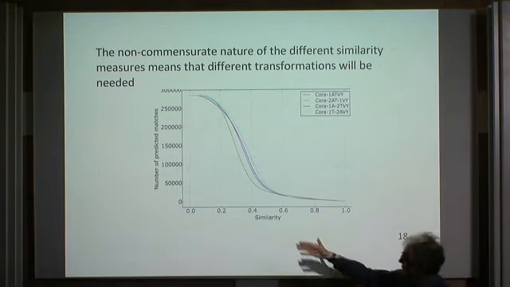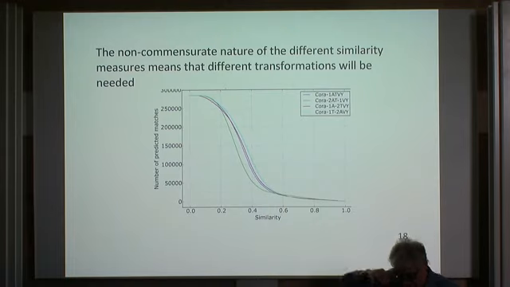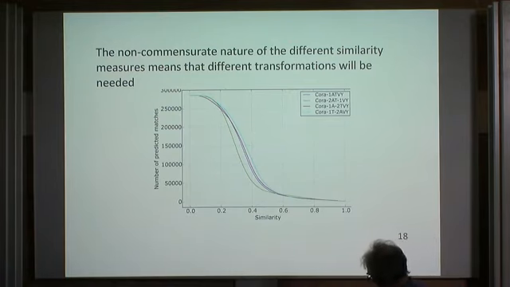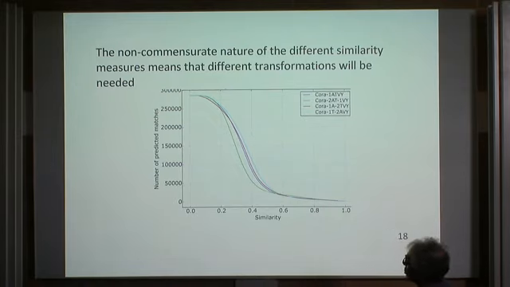Now, I just said that the similarity measures are different. They're non-commensurate. They've got different definitions. They're not related to each other. And this plot shows you the relationship between the number of predicted matches and the different similarity measures. And you can see, first, it's a nonlinear transformation for all of them, but secondly, and more importantly, these curves are different.